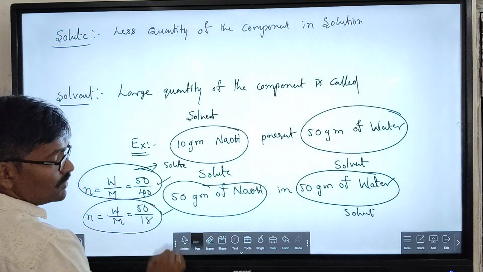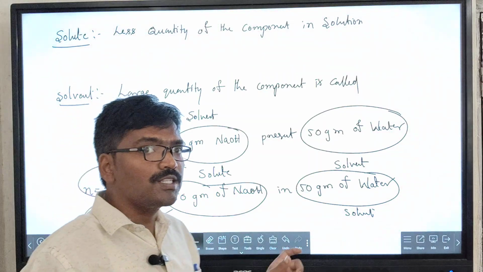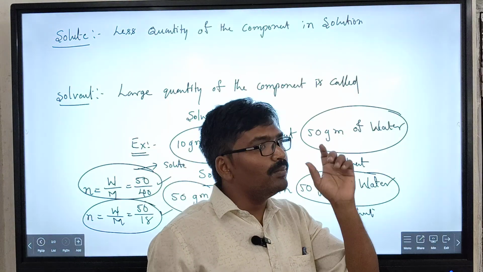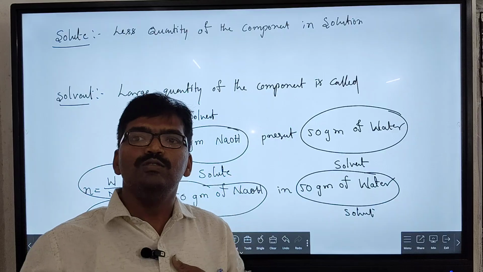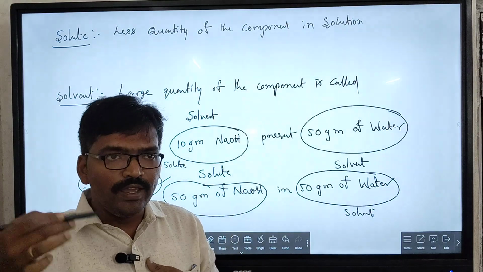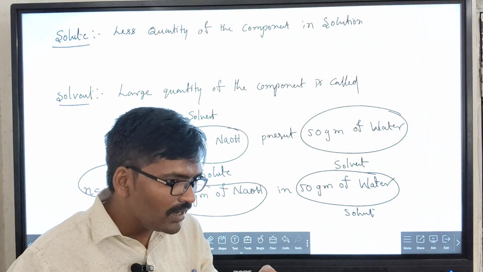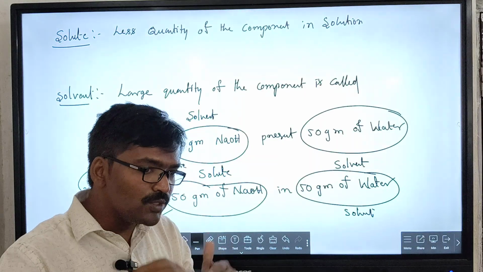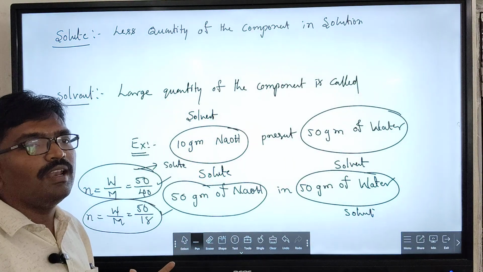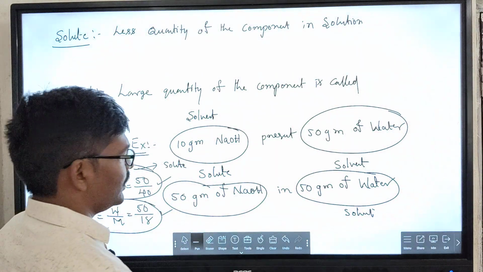Clear, all of you? So if in the statement both weights are the same, at that time you have to convert into the number of moles. The one with fewer moles is the solute, and the one with more moles is the solvent.